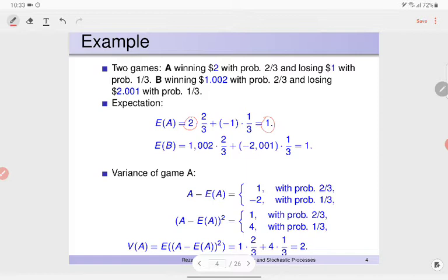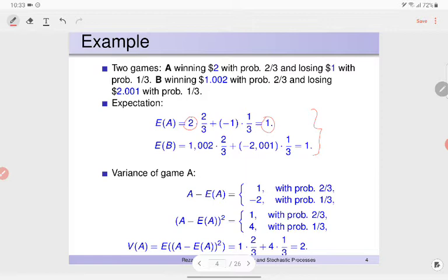Game B, on the other hand, the expectation of game B is equal to $1,002 multiplied by 2/3 plus minus $2,001 multiplied by 1/3, which is also equal to 1. We see that the expectation of these two games are equal, namely 1.